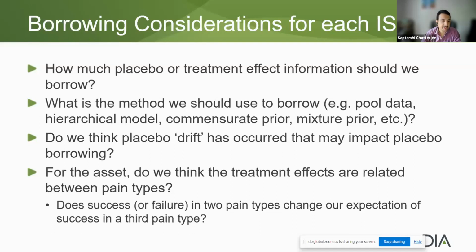There are a lot of approaches that we can use to borrow: we can just pool the data, which means full borrowing; we can use a Bayesian hierarchical model; or the commensurate prior, where we look at the commensurability between the ISAs and borrow more when the ISAs are more commensurate; or the mixture prior, where we feel the outcomes are more exchangeable in some cases.